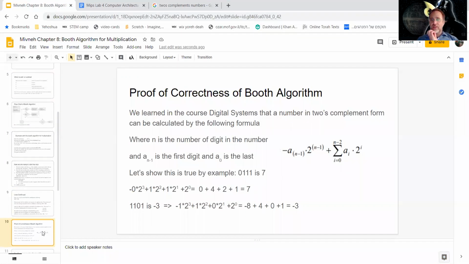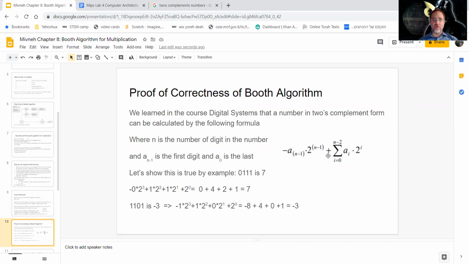Okay, the proof of correctness of Booth. So we have to go through it. I asked the organizer of this course if we have to learn this, and we do. So let's learn it. We learned in the course Digital Systems that a number in 2's complement form can be calculated by the following formula.